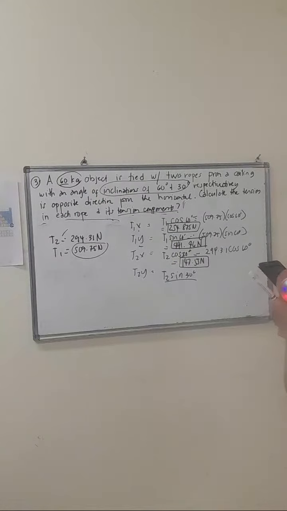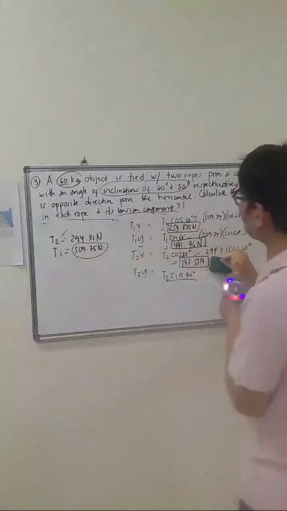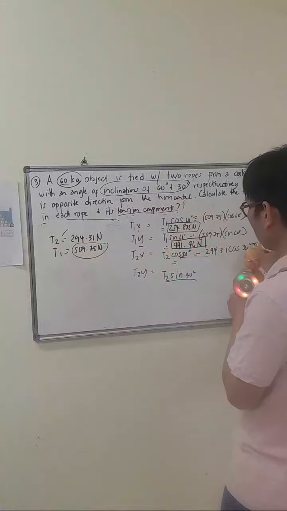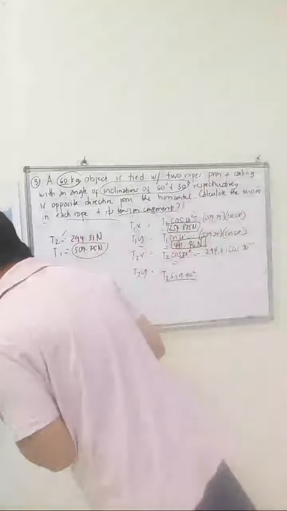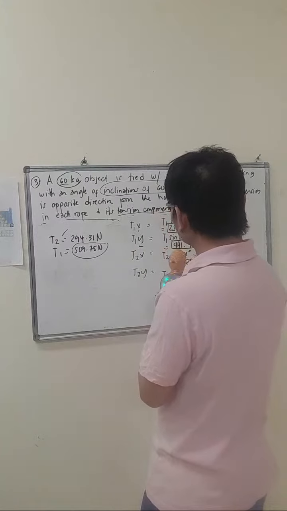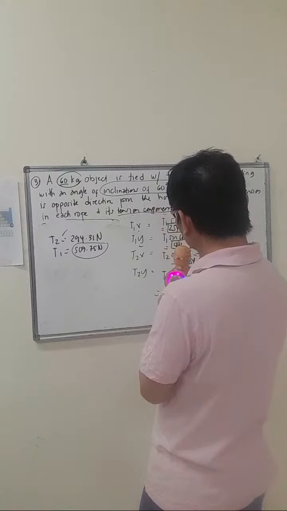Cosine 30 times 294.3 is equal to 254.875 Newton. Then T2y is equal to 294.31 sine of 30 degrees.